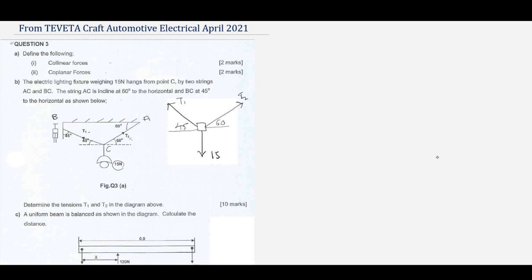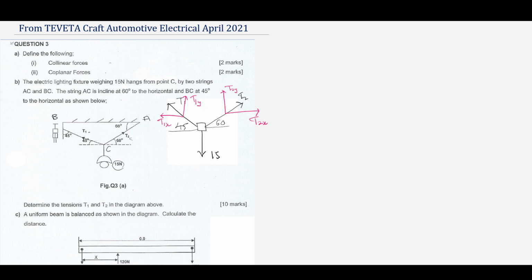So here we have a component in that direction, which is T1y, because it's a vertical component, and another component in that direction, which is T1x. Even here we have a component in that direction, which is a component of T2, so it will be T2y, and a horizontal component as well, which is T2x.